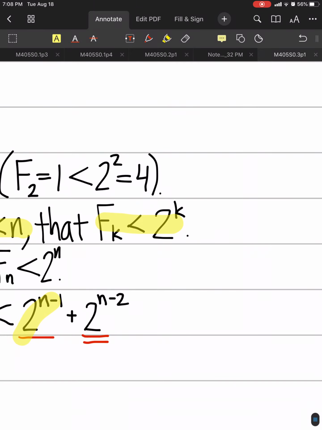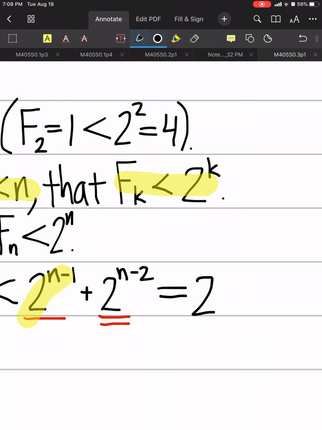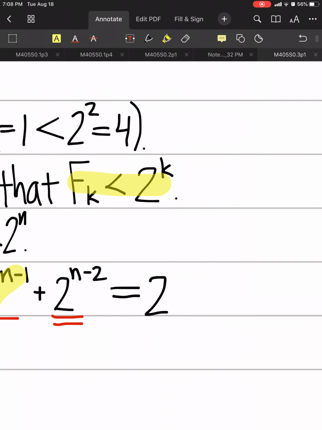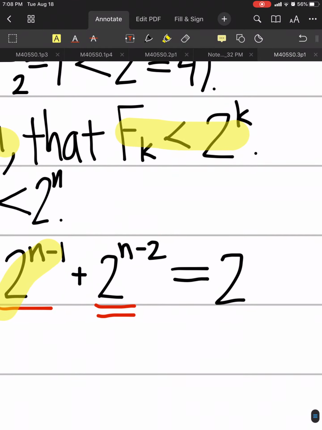So what we can do here is factor out a 2 to the n minus 1. I'm going to use equals here because this one is actually going to be equal. So I can factor out 2 to the n minus 1.